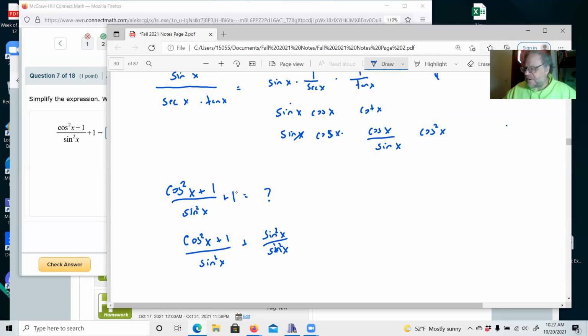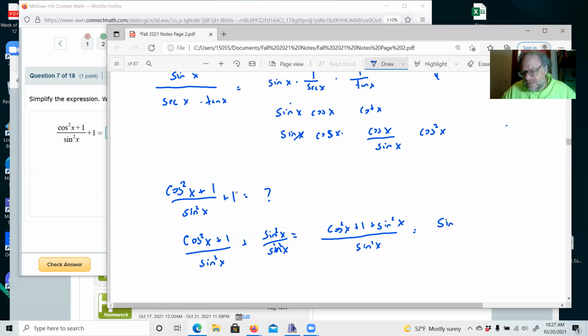Okay, when in doubt, think, well, we got a fraction, we got a plus sign, let's go ahead and add them. Okay, so now that we have what's going on here, we can say this is cosine squared x plus 1 plus sine squared x all over sine squared x. And we're going to rearrange.